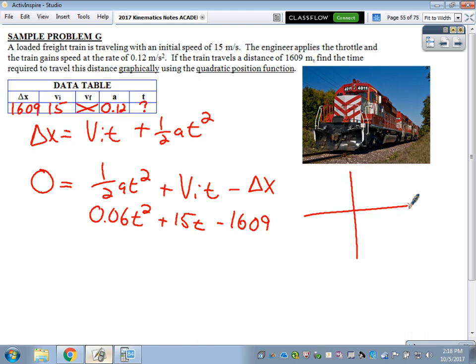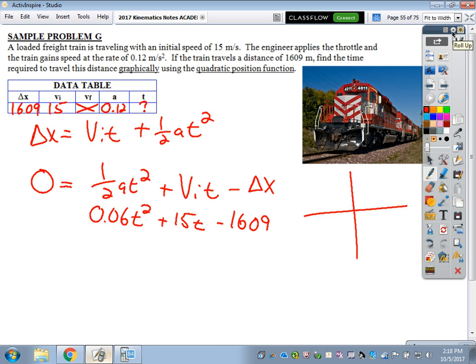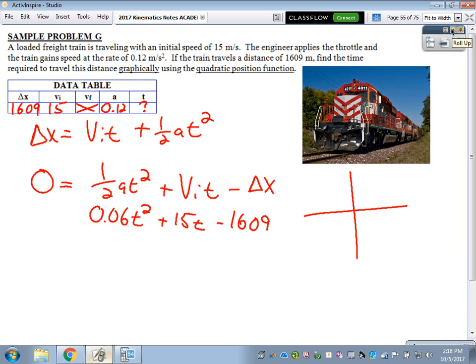So draw yourself a coordinate grid. Because this is a positive acceleration, we're going to see a graph that's concave upwards. If somehow we could zoom out far enough, that's what we would see. I'm not so worried about this being a scaled drawing, just a visualization of what we're going to do.